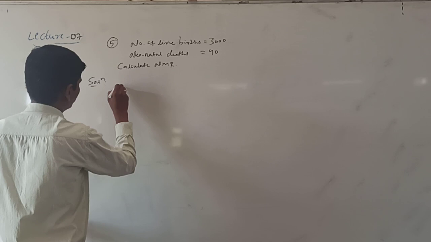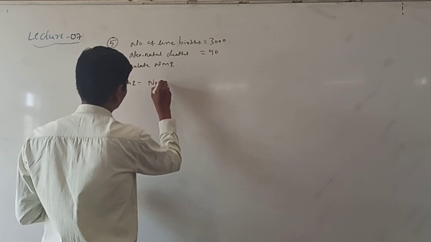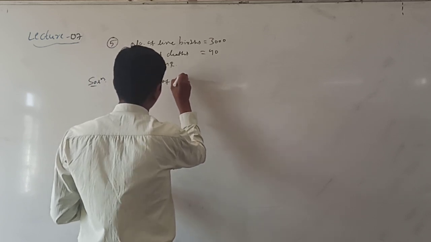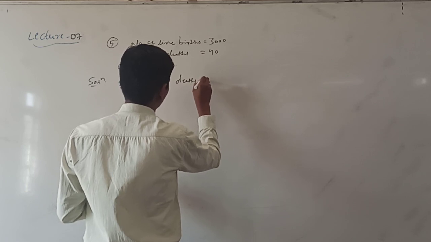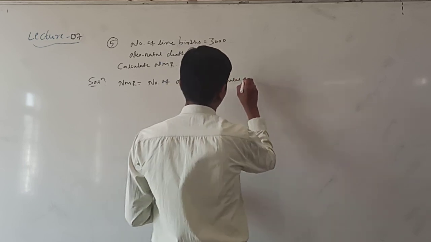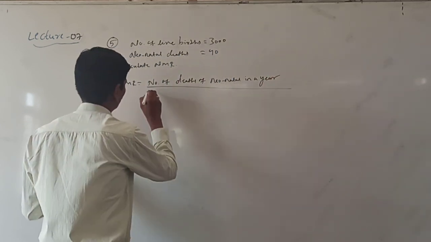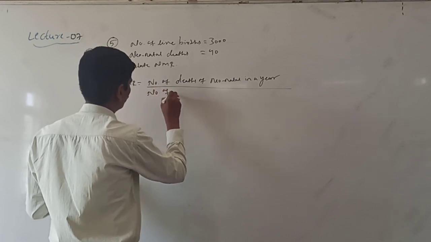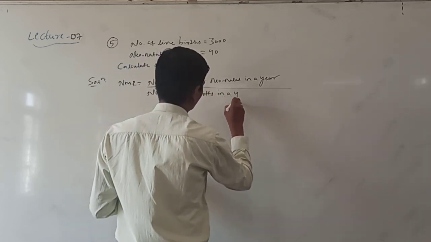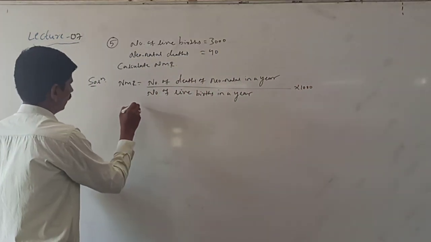You have to apply the formula, that is NMR equal to number of deaths of neonatals in a year divided by number of live births in a year into 1000. Then substitute values.